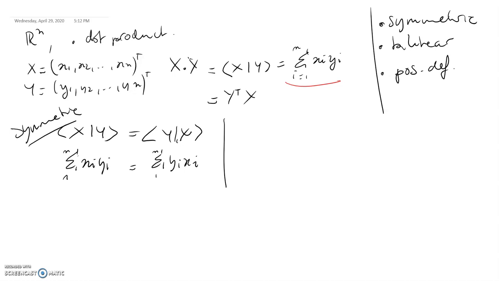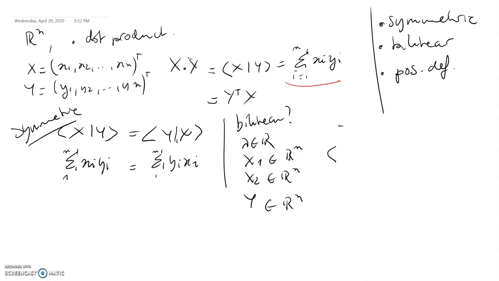Now, do I have bilinearity? So how do I do that? Let's take lambda in R, let's take x1 in Rn, x2 in Rn, and y in Rn.